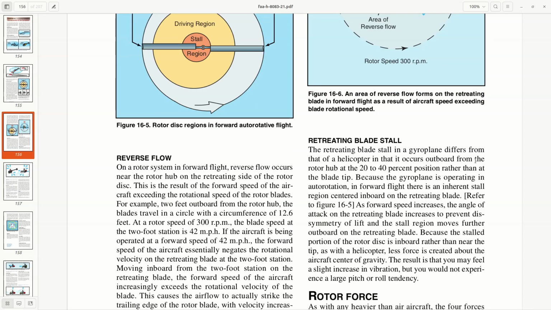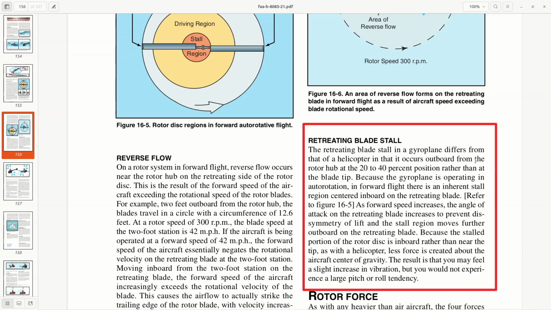Now, in a helicopter, retreating blade stall is sort of a bad thing because it happens out at the tips of the rotor. But because of how things work when we're in auto-rotative flight, which we always are, instead of happening at the tips, this is going to happen in that 20 to 40% position.